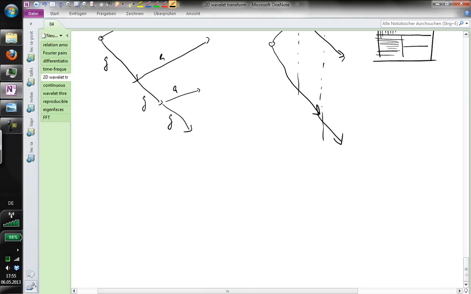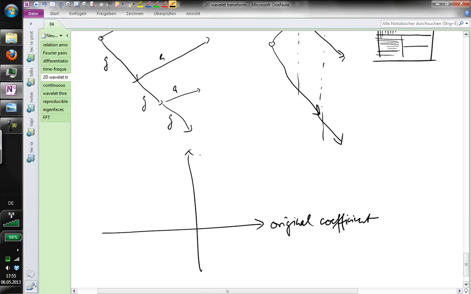For those of you who've heard about it, so if you use, let's say this is the original coefficient, and this is the regularized coefficient, if you look for the transform that best matches your observed signal, while at the same time minimizing the L1 norm of all transform coefficients, then you get what is also called soft thresholding.